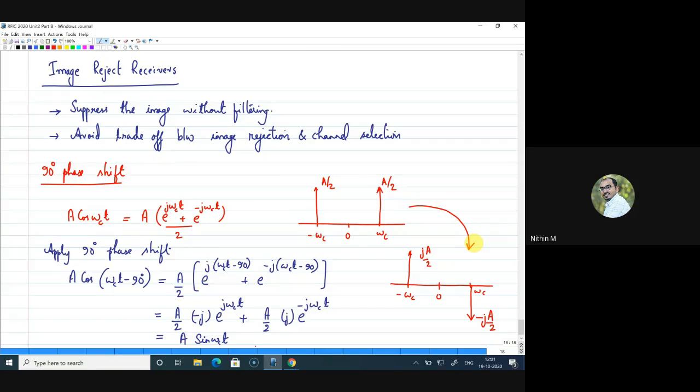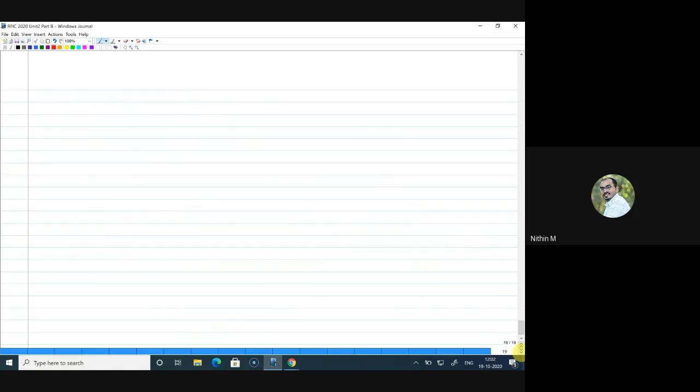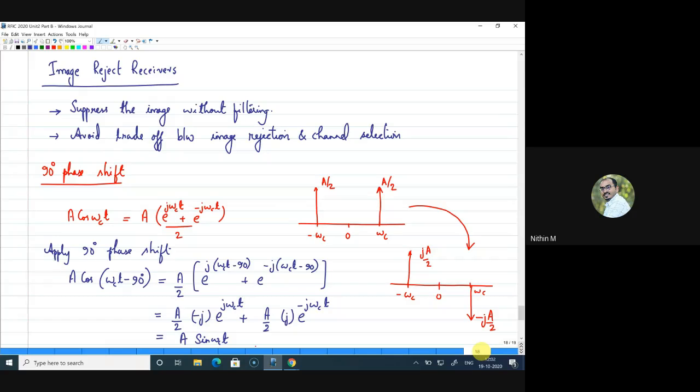Now, okay, let me just show it in another way. If you look at the amplitude, you have a real amplitude here, A by 2, and you have a j component in the sine wave, right.